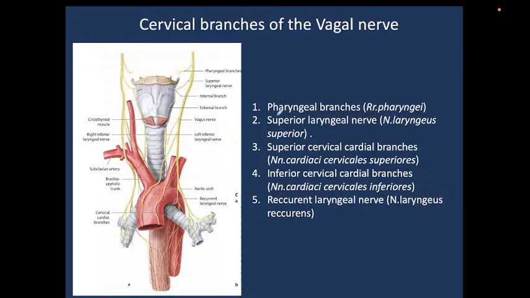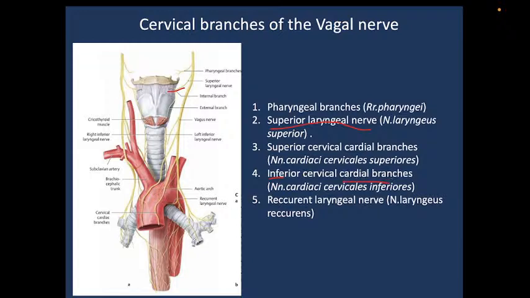We distinguish pharyngeal branches, which innervate the pharynx, then the superior laryngeal nerve, which comes into the larynx and innervates muscles and mucosa of the larynx. Then some branches go to the heart, and we call them superior cervical cardiac branches as well as inferior cervical cardiac branches.